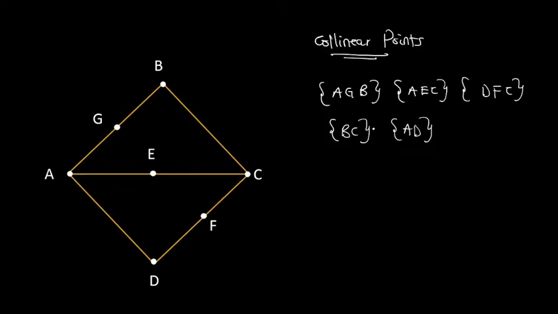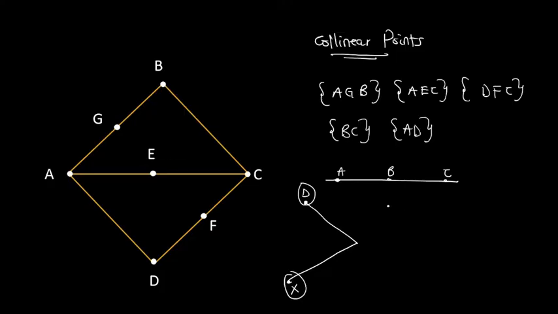So basically, collinear points are just points, let's say A, B, and C, on a straight line. Now if you have 2 lines joined together and one point is here, one point is here, let's say this is D and this is X, these 2 points are not collinear points because they are not on a straight line, but on different lines.